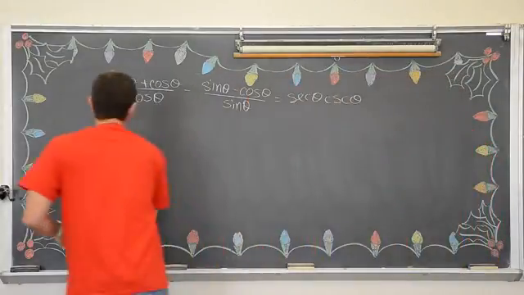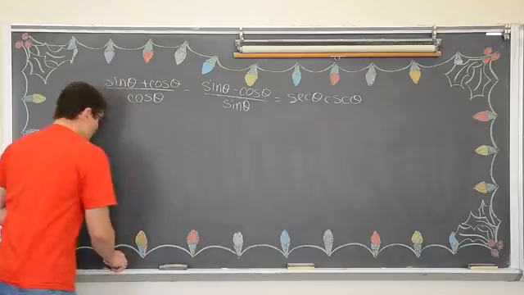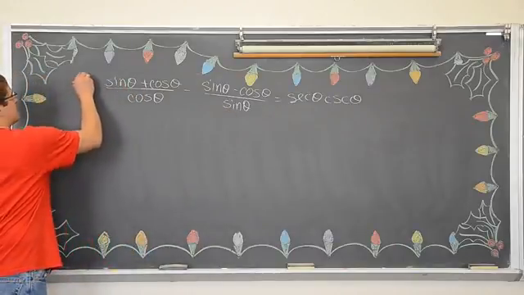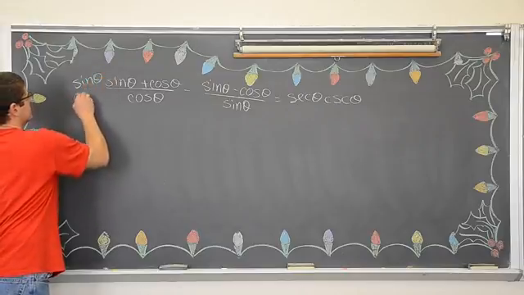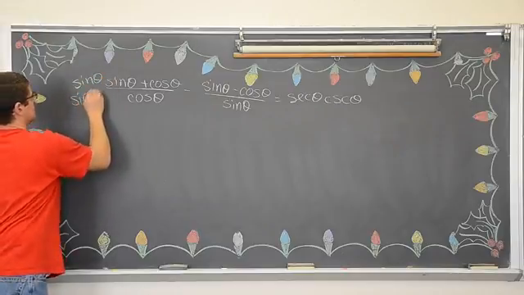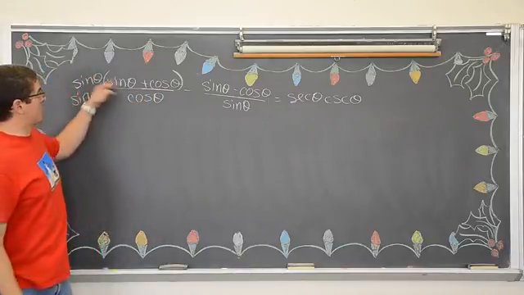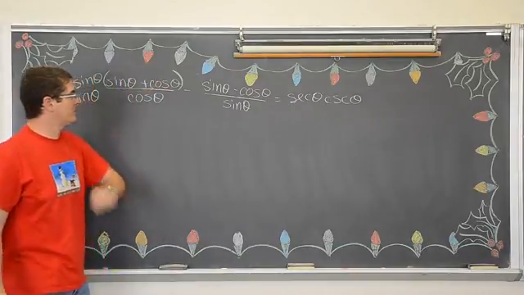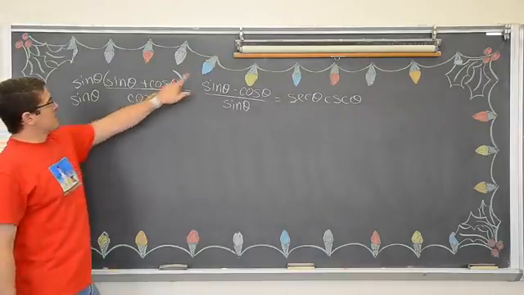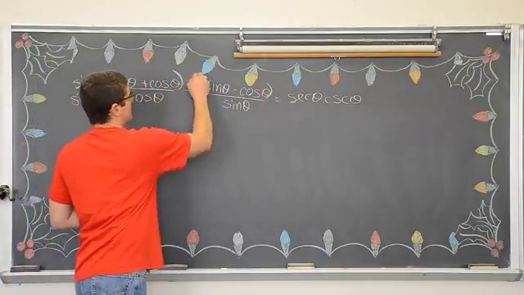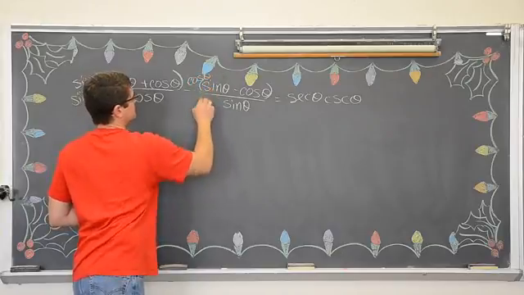Well, sine and cosine don't have anything in common, so I'm going to multiply this fraction on top and bottom by sine. Wrap that top numerator up in parentheses because we are going to have to distribute. There's two terms up there. Cosine comes over to this fraction, again with parentheses, top and bottom, by cosine theta.